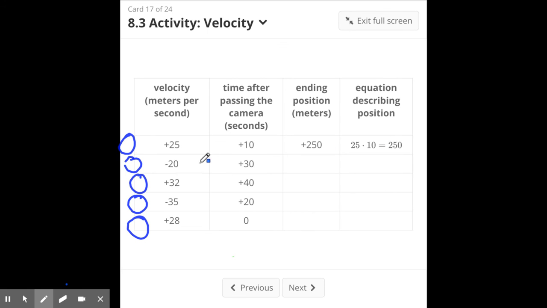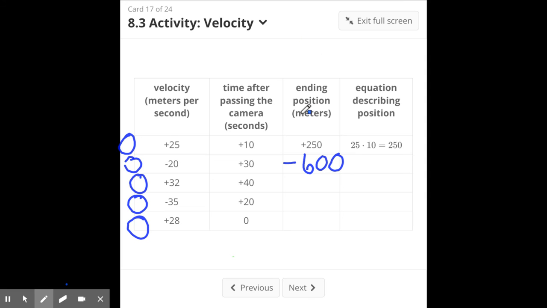In the next situation, we are going to start at 0, and we are actually going to travel to the left. We're now going to move at a velocity of negative 20 meters per second because we're moving to the left, to the west. We're going to do that for 30 seconds. And so our ending position is actually going to be negative 600.